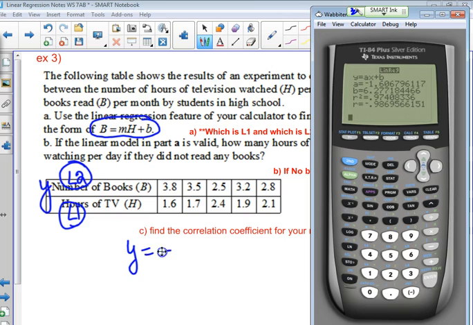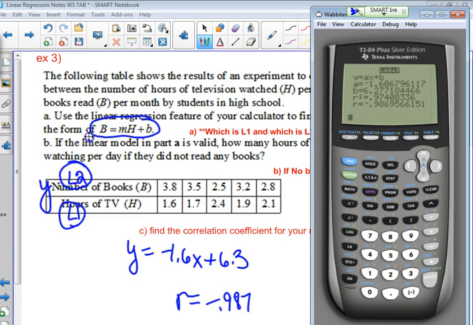Y equals negative 1.6x plus 6.3. I'm rounding to the nearest tenth this time because I'm in a hurry. Someone else get that? Okay, correlation coefficient: negative 0.987, something like that.